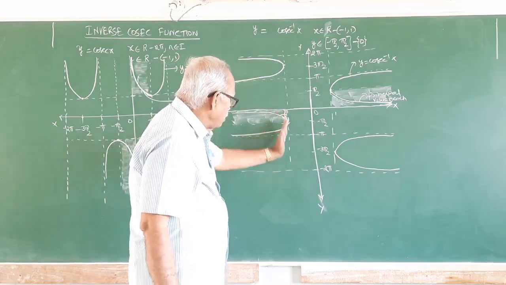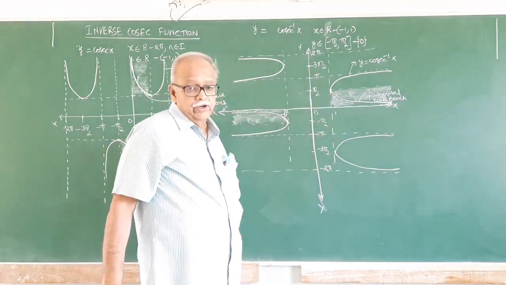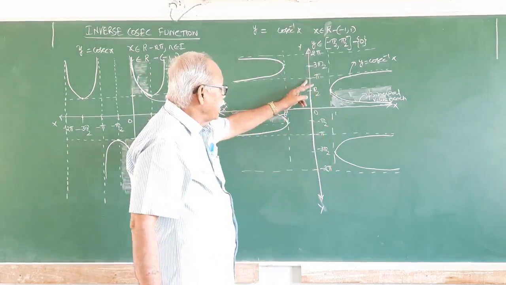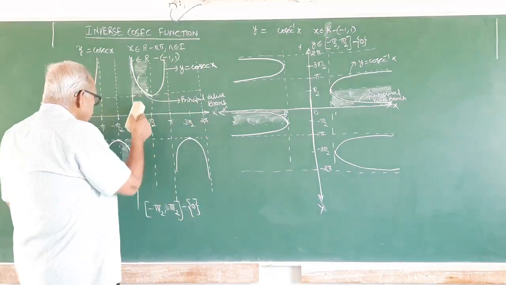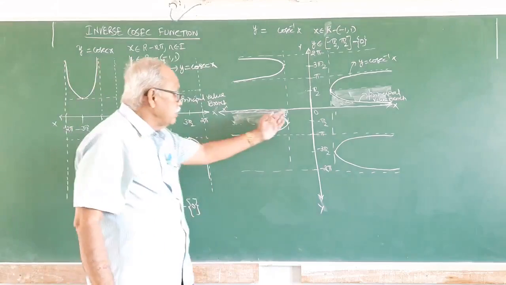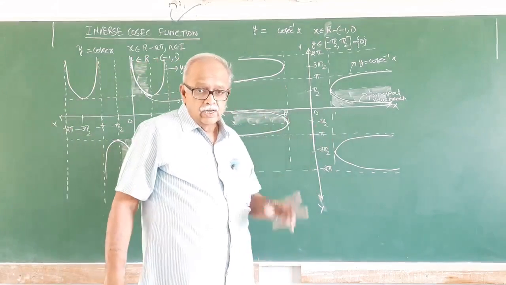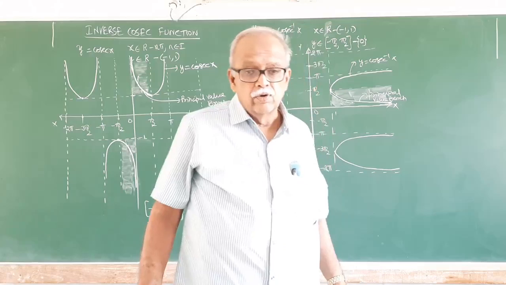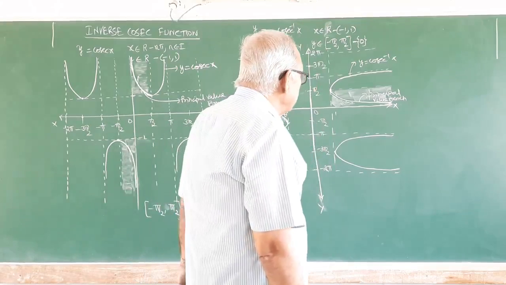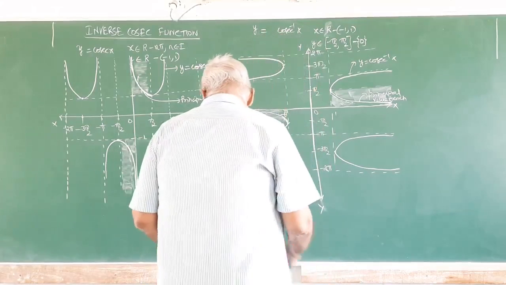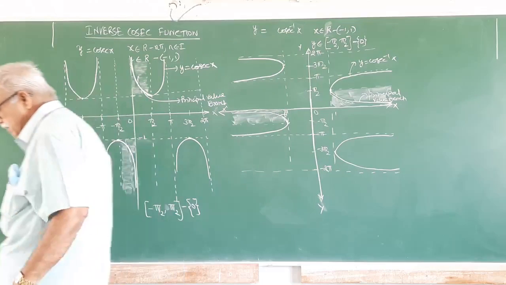Whenever you draw minus 1 and 1, you should take pi by 2, pi, and here what is the x-axis? Minus 1 and 1. Y-axis it is there. Now it will come to the x-axis. We are interchanging x and y axes. Then we will be able to draw the inverse function. Now we will take the notes.